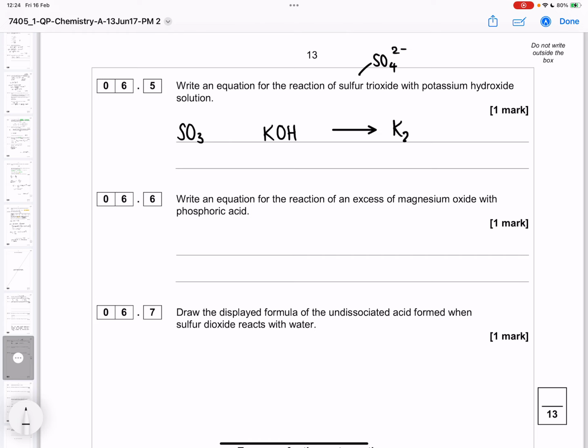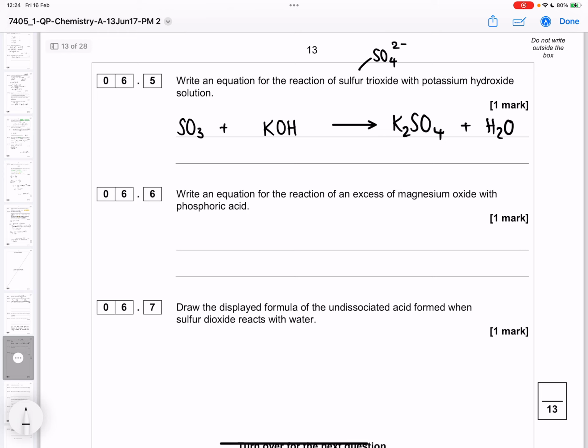And so the formula for the salt would be potassium sulfate, which is K2SO4, and then we're going to have some water, and we just need to balance that. So the base always provides the positive ion of the salt, and the acid provides the negative ion. So we're going to put a 2 here, and that should balance that equation nicely.